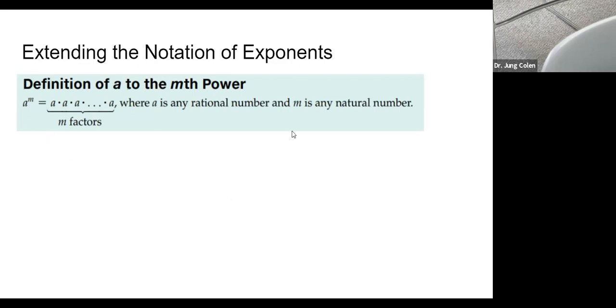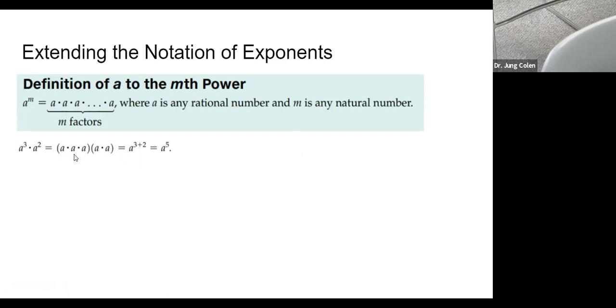Okay? So for example, a cubed times a squared. A cubed means a times a times a. A squared means you multiply a twice, right? So a times a. So what is the multiplication of this? Okay, what is hidden in between these two numbers? Multiplication again. So you can actually just combine them together. We are counting how many there are.